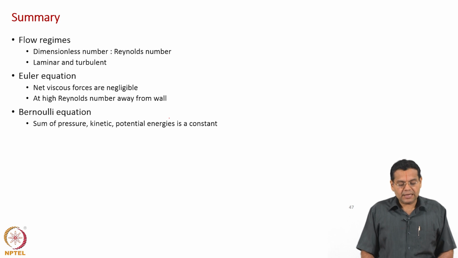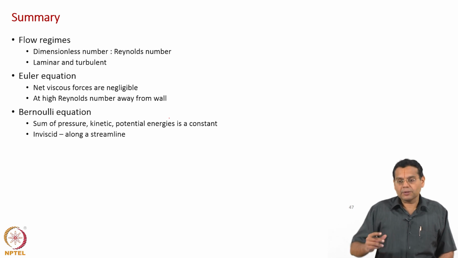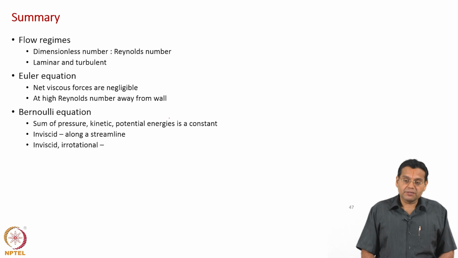We derived that starting from the steady state Euler equation, and we derived two forms of the Bernoulli's equation. One, if the flow is inviscid, the Bernoulli equation is valid along a streamline. If it is inviscid and irrotational, then the Bernoulli equation is valid along any direction.